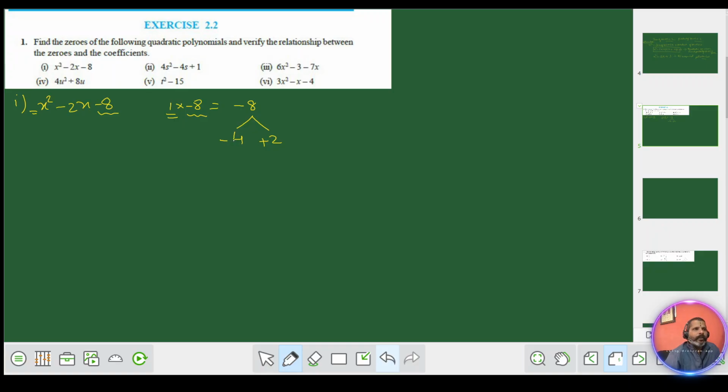So verify now whether the factors we found are proper or not. Minus 4 into plus 2 gives you minus 8. Minus 4 and plus 2 when added gives you minus 2. Yes, we are good. Then split and find the zeros here.